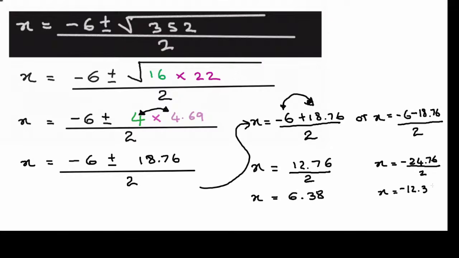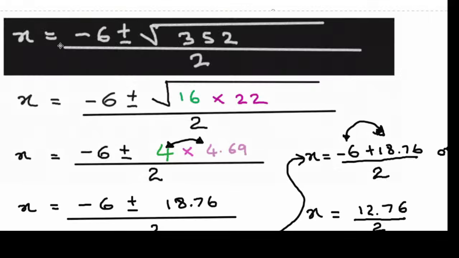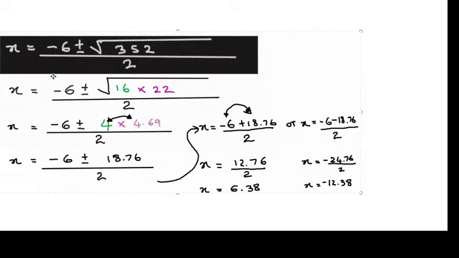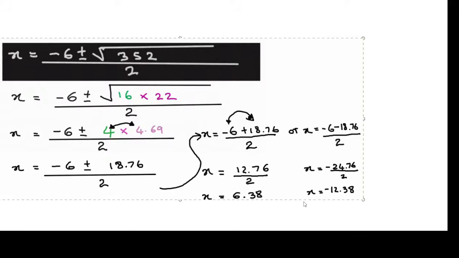Now we have got two values for x. We have got both the roots for x. Out of those two values for x, in this question, which one is the valid one? One to be excluded. What to be excluded? Negative 12.38 to be excluded.